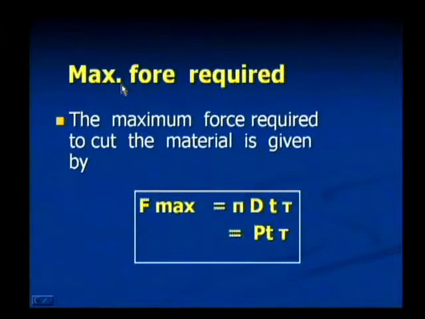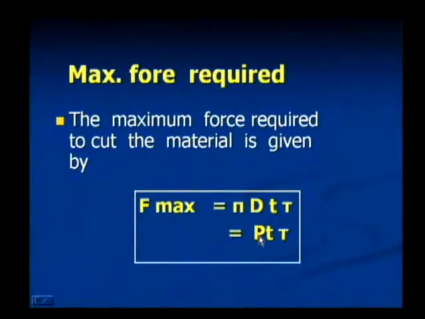Now, let us see the maximum force that is required for the cutting action. The maximum force required to cut the material is given by the following equation. F maximum is equal to pi d t into tau, where, in case of a circular hole or circular punch, d is the diameter.